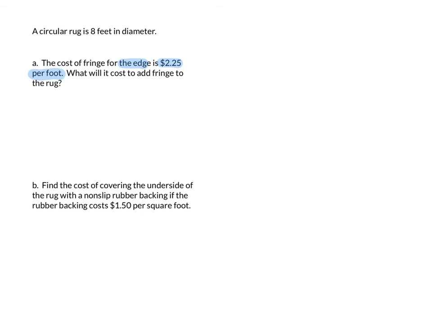So for circumference, note that this is 8 feet in diameter. So I'm going to use pi times d. If we plug in, we get 3.14 times 8. I get my circumference is 25.12 feet.